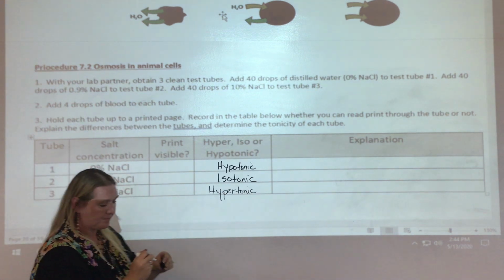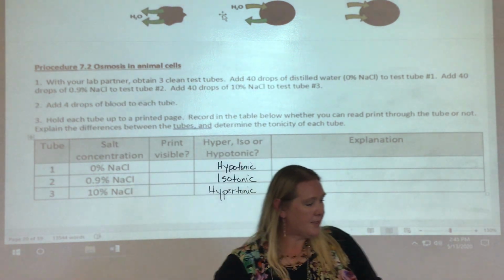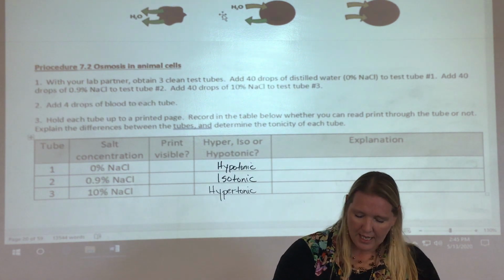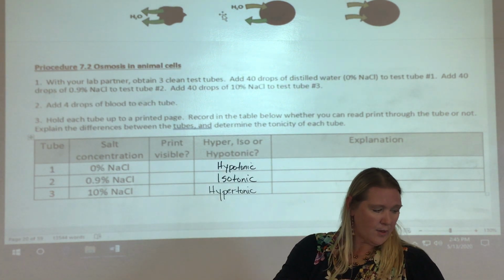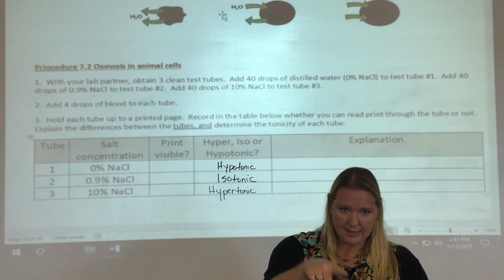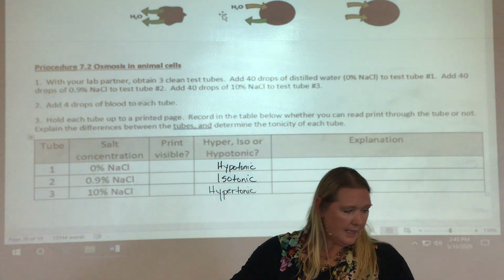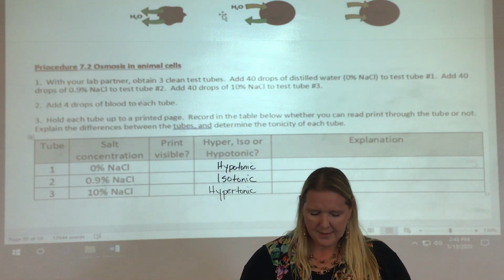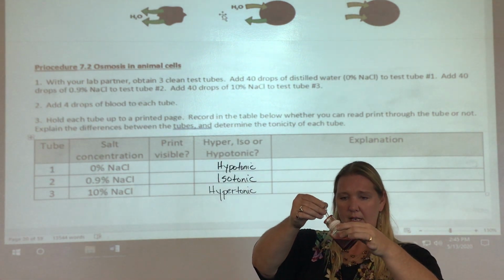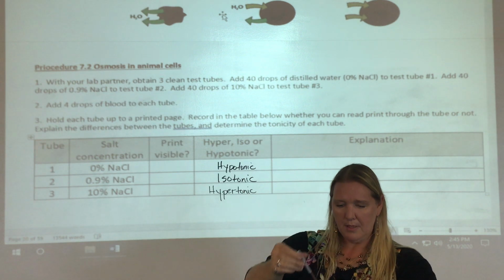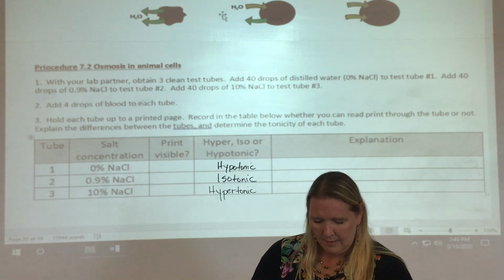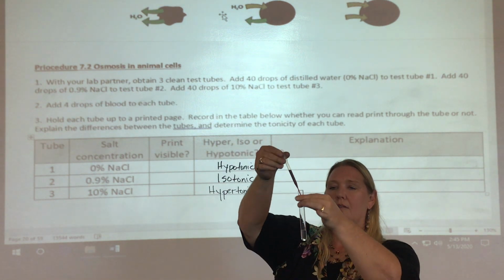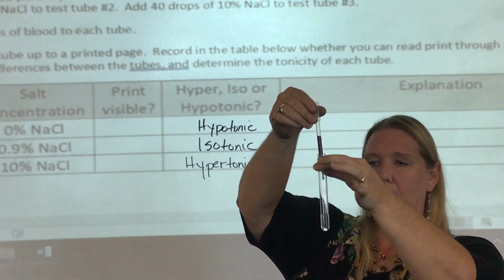So what I'm going to do is follow a procedure. I have those solutions in there. I actually added a few more than the 40 drops that it wanted, so it would be big enough for us to see in here. So I'm going to add like 6 drops instead of 4. I think it says 4. So I'm going to add like 6 drops of this sheep's blood to each tube, and I'm going to add them in order.